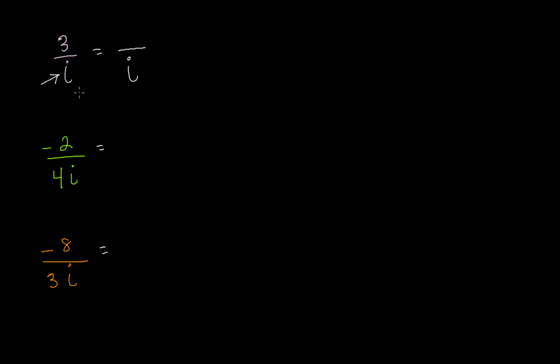You can multiply anything you want by 1 or some variation of 1 without changing the value of the original expression. So we're going to multiply this fraction by I divided by I.